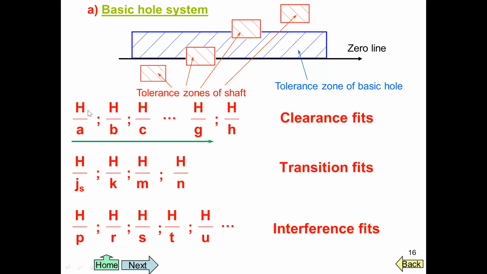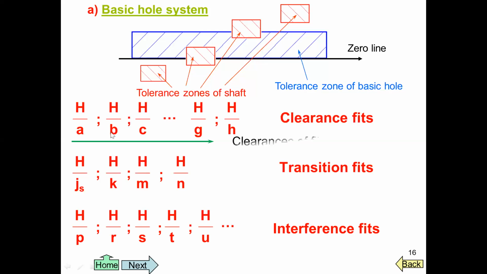So what is the difference between H over a and H over b? All of them are clearance fits in the basic hole system. But what is the difference between the two? It's easy to realize that H over a has more clearance than H over b.